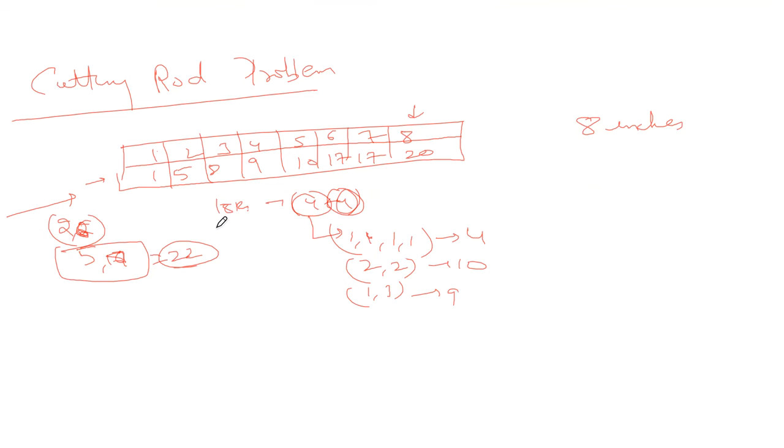You can try to find any other combination as well, but that is what we achieved yesterday. That 22 is the best profit that I can earn by making a cut at 2 inches, getting 2 pieces of 2 inches and 6 inches and selling them at 5 and 17 respectively. This is what we discussed.